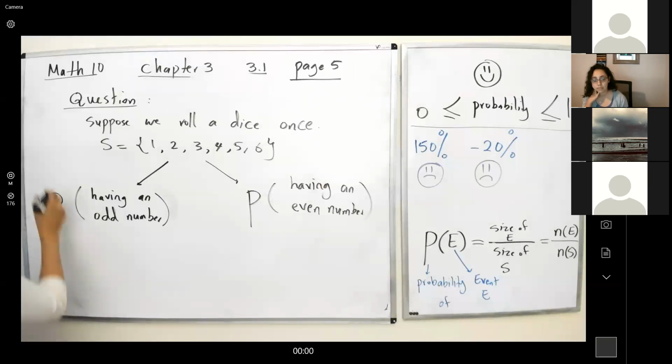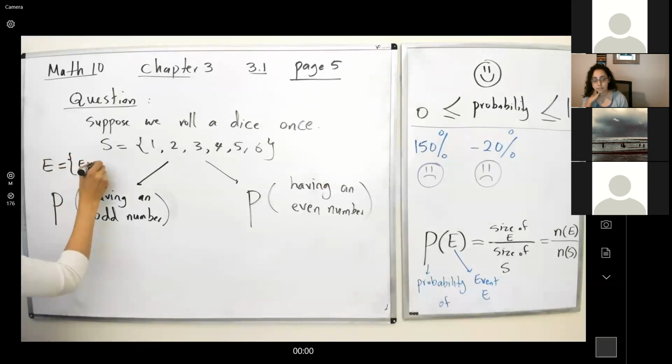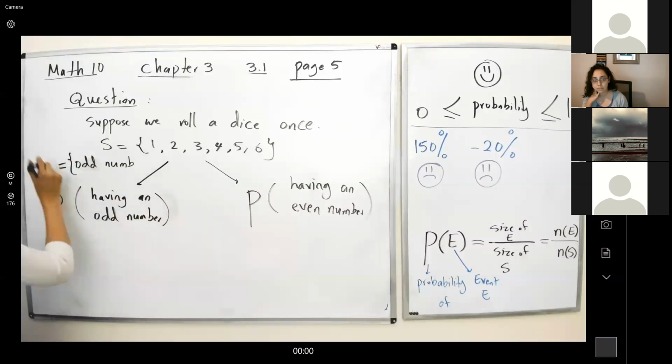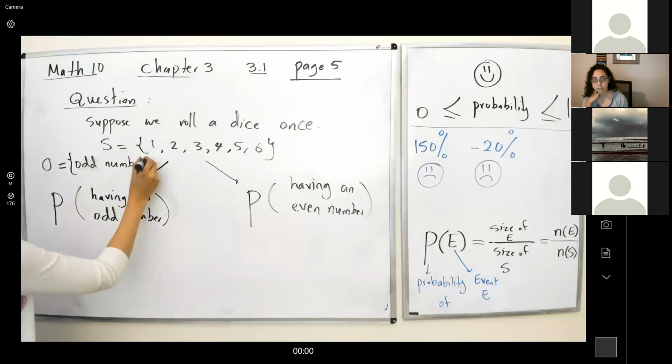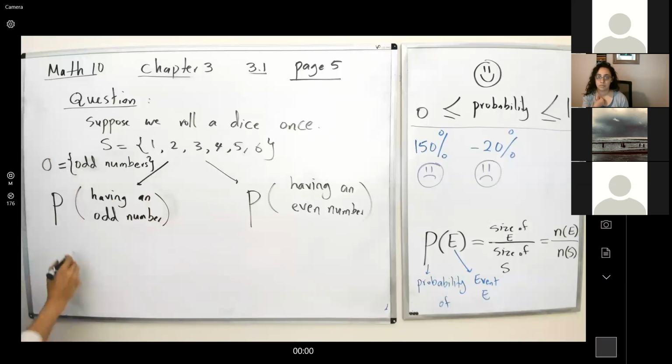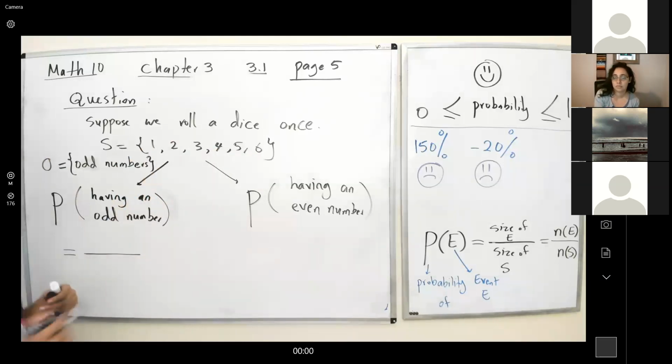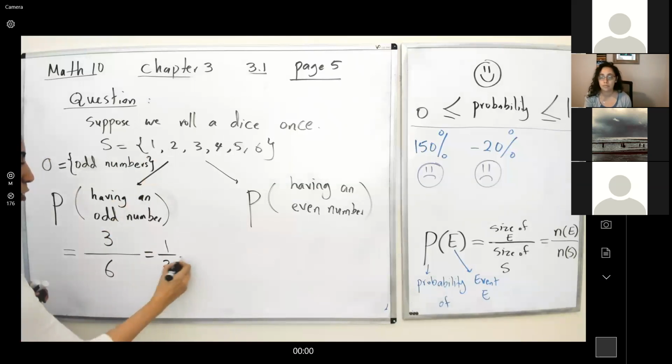Suppose this is the probability of event E, which says even numbers, and event O, odd numbers. So the probability of event O is how many odd numbers? 1, 3, and 5, which is 3. 3 divided by 6, which is a half, or 50%.